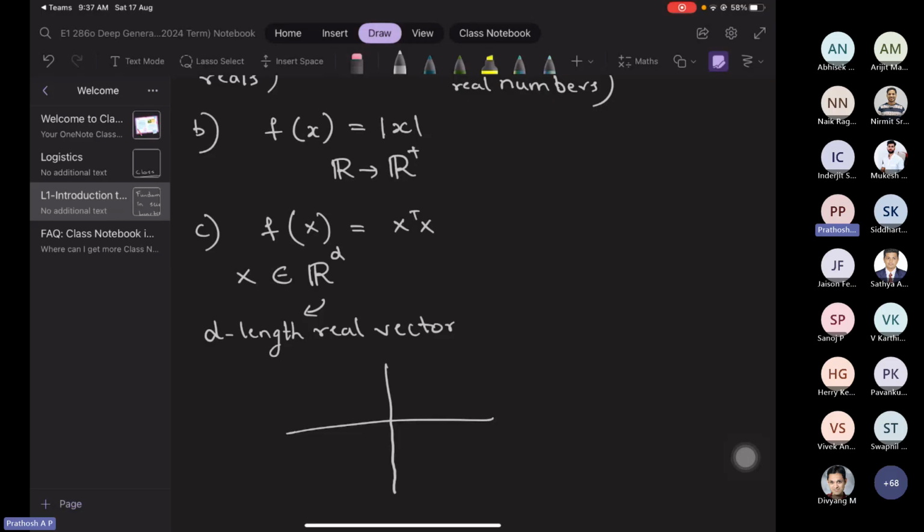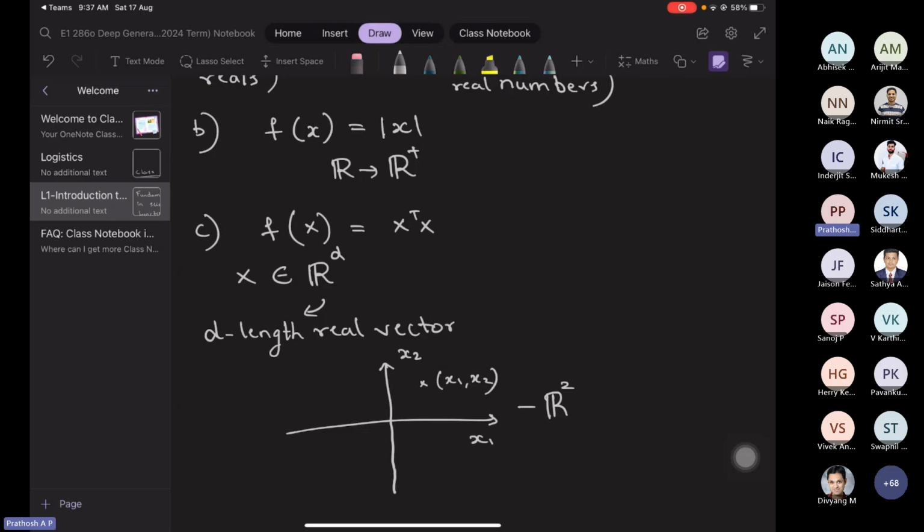If I call the axes x1, x2, every point in Cartesian coordinates can be represented by a set of two real numbers. If you take a point here, this point will be some x1 comma x2, this is another point x1 cap comma x2 cap, and so on. So this is typically represented as R2, right?